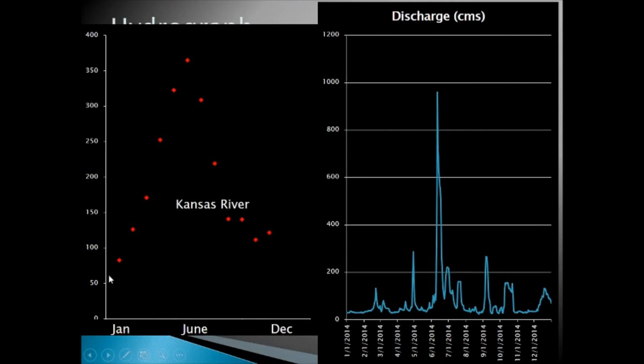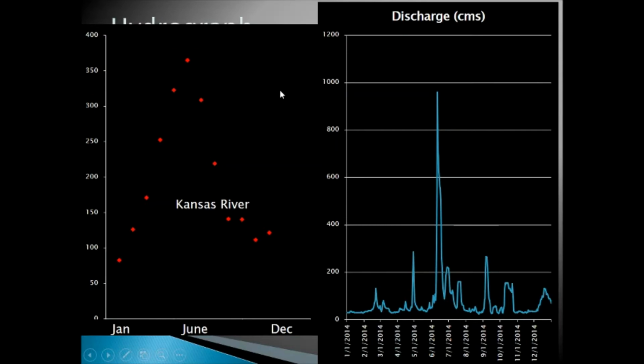So this is 400 here and 1200 over here. That's this graph. If you were to look at these and be just looking at the y-axis on this daily graph, you might assume that the Kansas River has an average of over 1,000 cubic meters per second every June, and that's not the case.